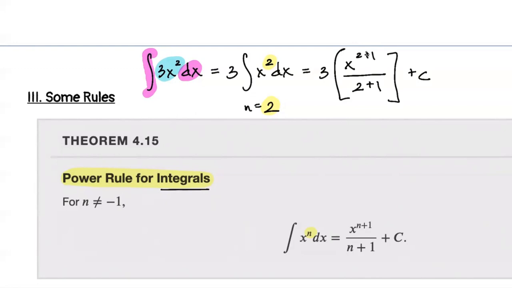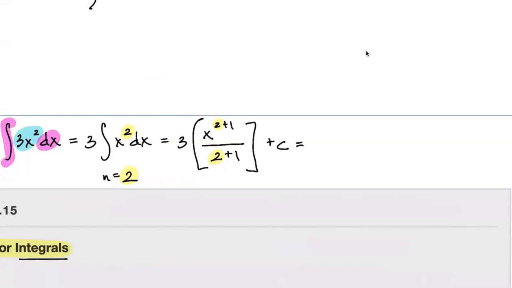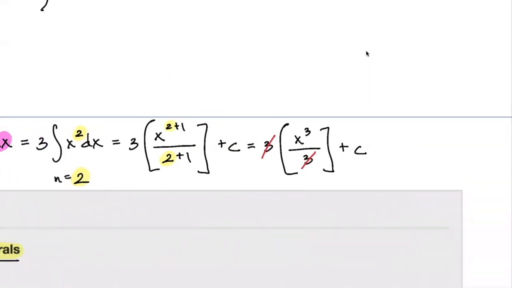So we've plugged in 2 everywhere we see the n. Now let's simplify: 3 x to the 3rd over 3 plus c. We can see that this 3 and that 3 reduce to 1, and we'll end up with x cubed plus c.